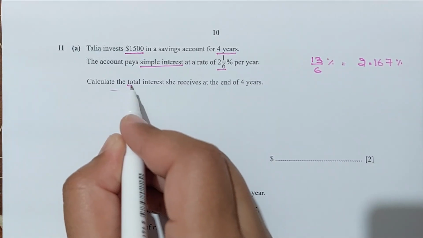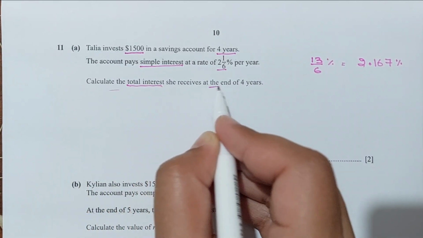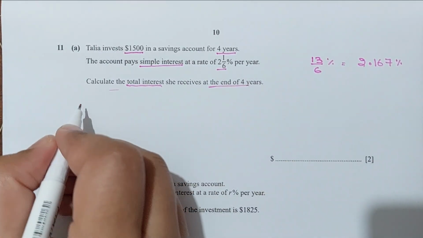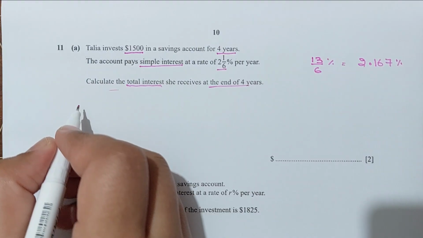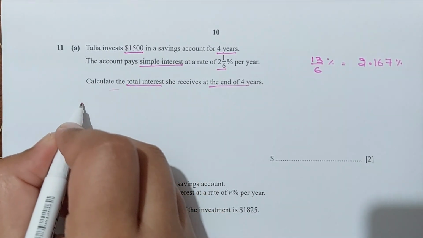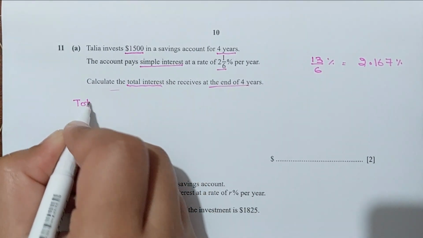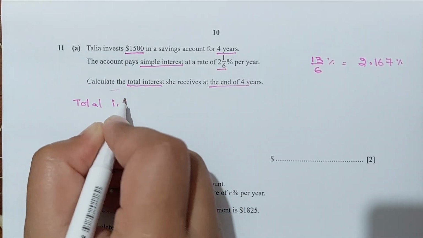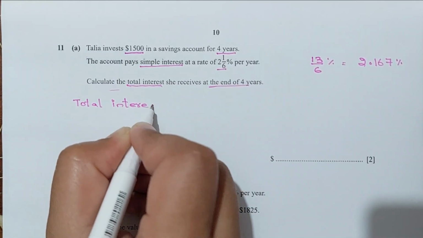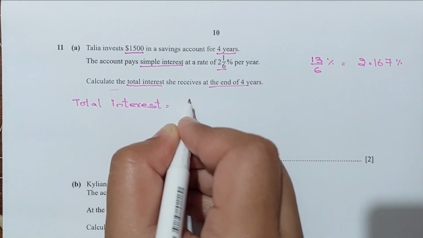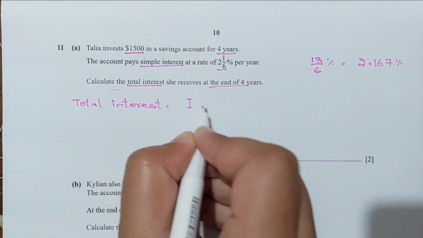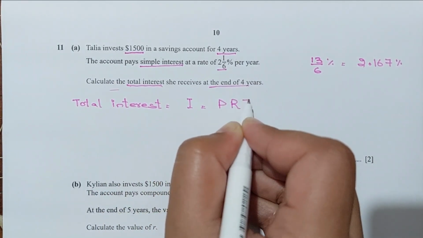Okay, calculate the total interest she receives at the end of 4 years. So the total interest she receives. Okay, in simple interest, it has a formula I equals PRT.